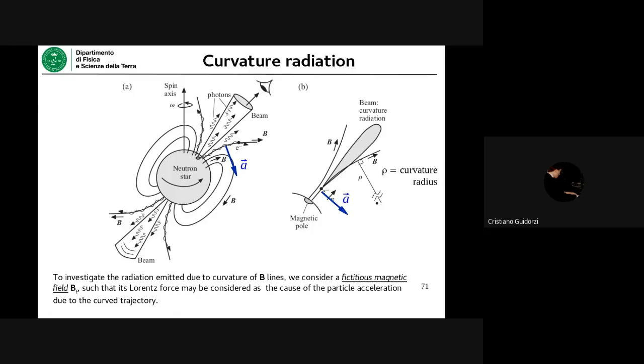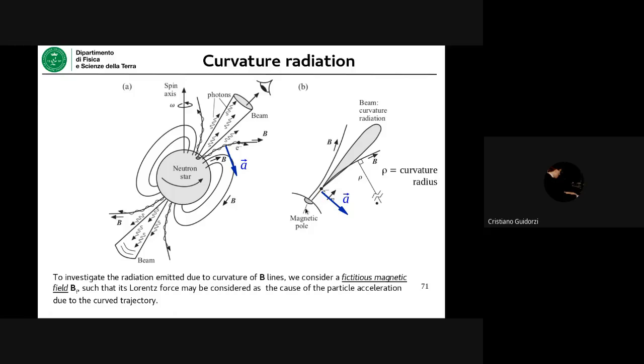Well, the trick here is to imagine a so-called fictitious magnetic field, which I will call B_F. I imagine I'm dealing with a magnetic field B_F such that its corresponding Lorentz force is exactly responsible for the acceleration.